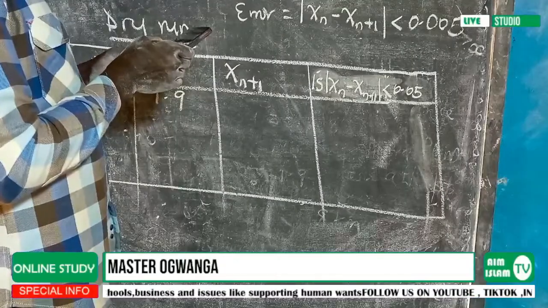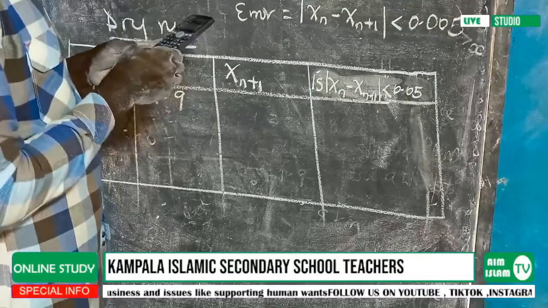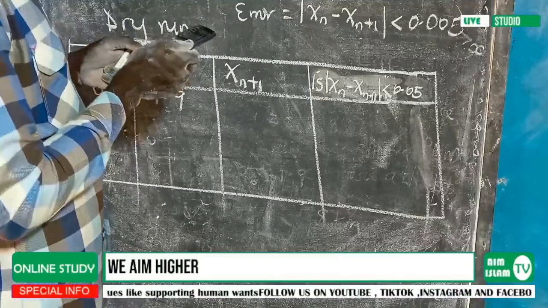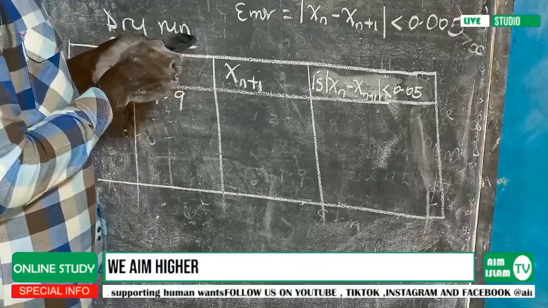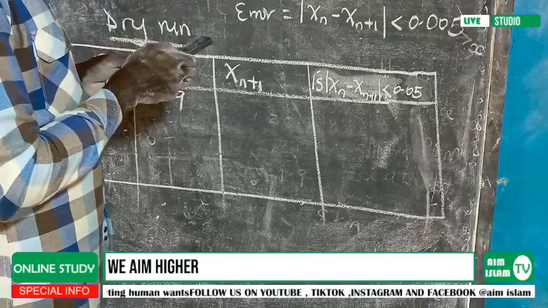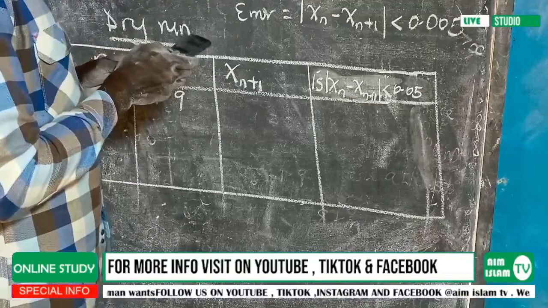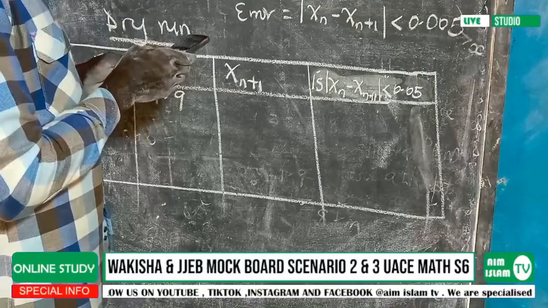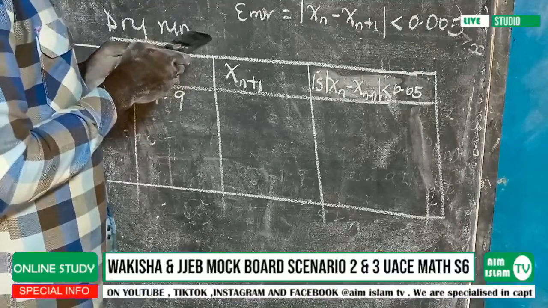Then we close our bracket, minus exponential 1.9 cos 1.9 minus 1.